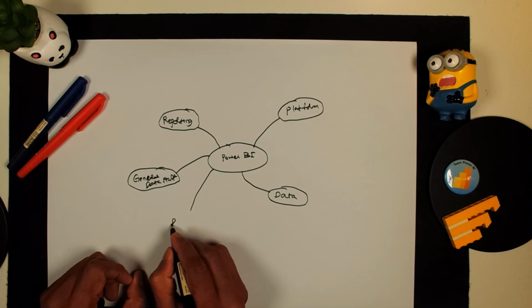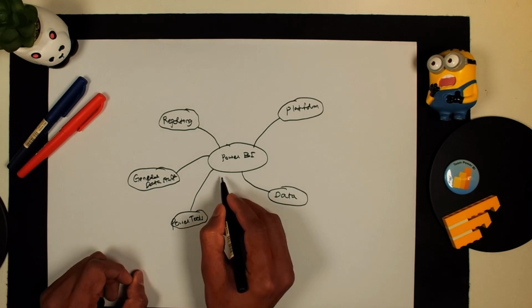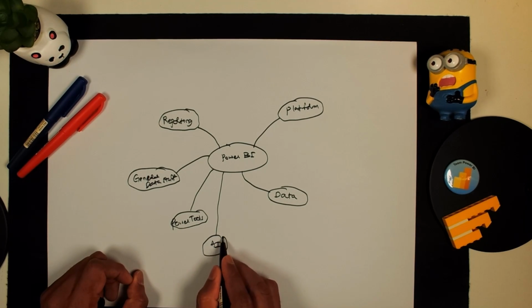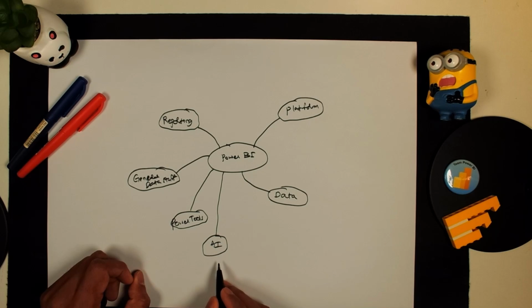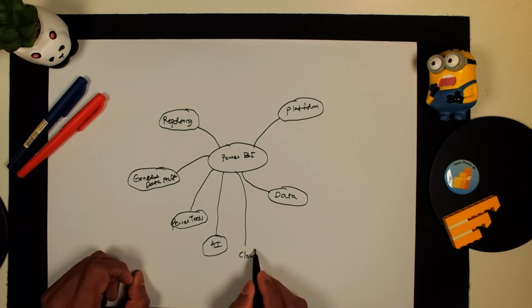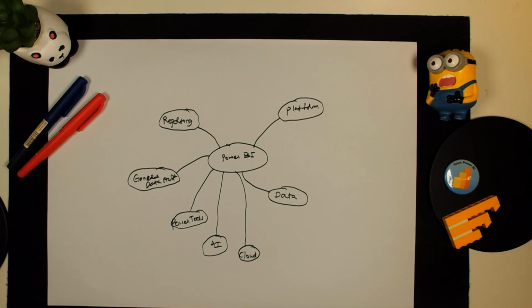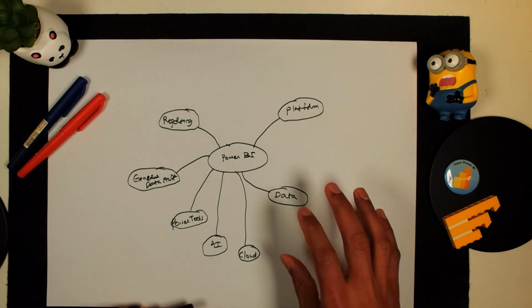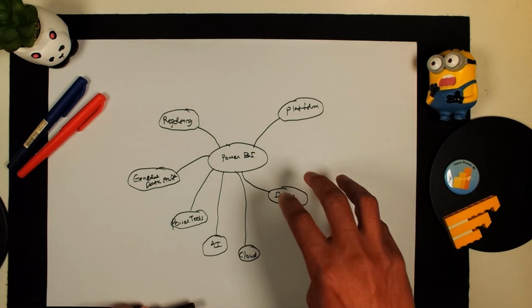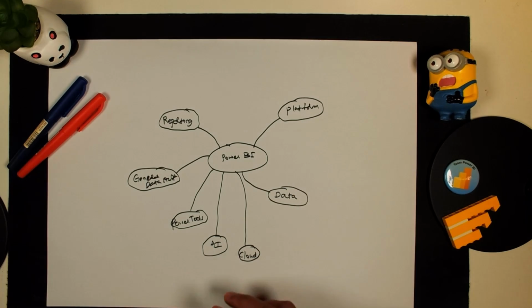We have a power tools area. We also now have an increasingly growing and prominent AI area, and of course the cloud aspect of it. So to understand Power BI, let's deep dive into each of these areas and get to know most of the jargon, technical concepts and sub-concepts.